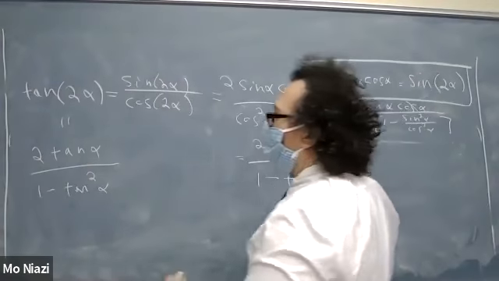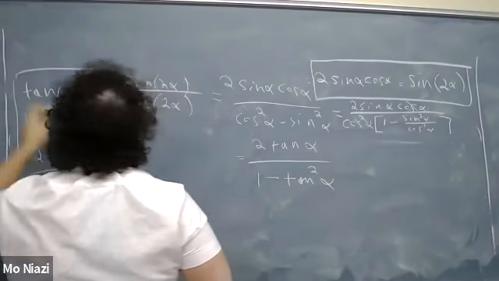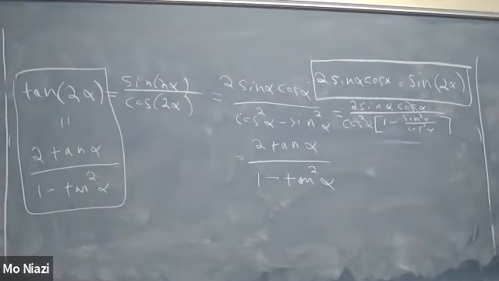So what you guys need to do is just know how to use this. Now I will say, verifying identities is part of the curriculum in this course. So what I'm showing you is something you're expected to know how to do to verify identities. All right.